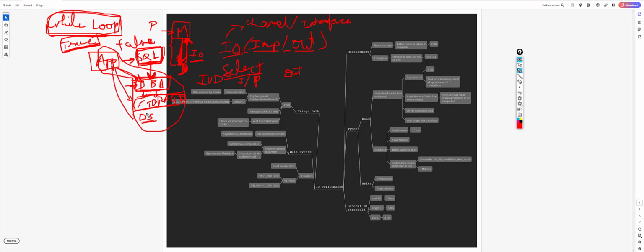Likewise, if the issue is from the storage layer, there can be a lot of wear and tear on the physical side as well, right?